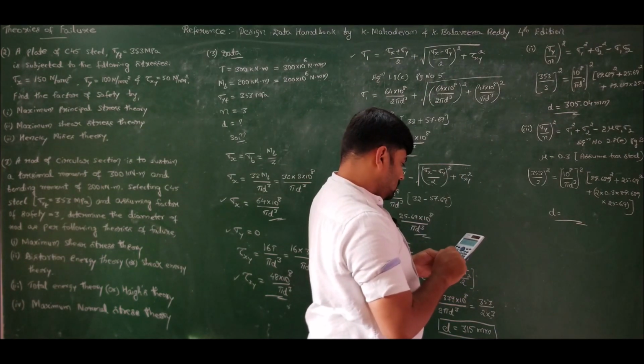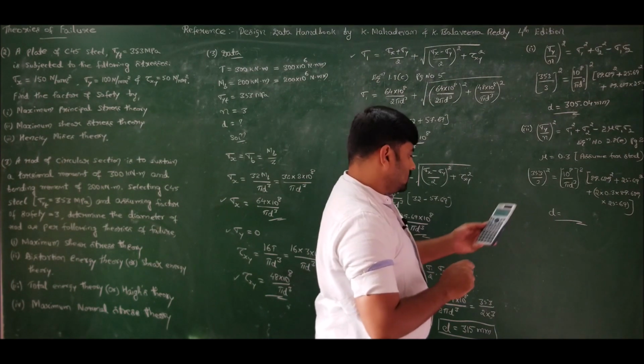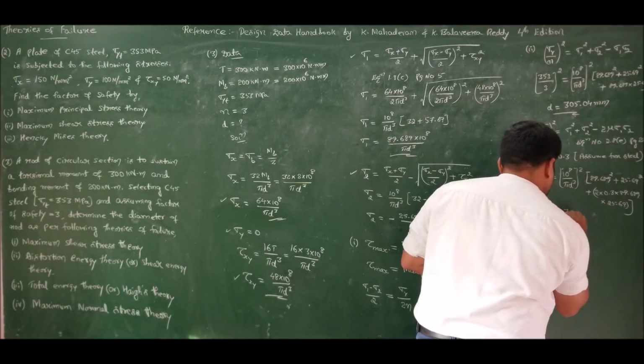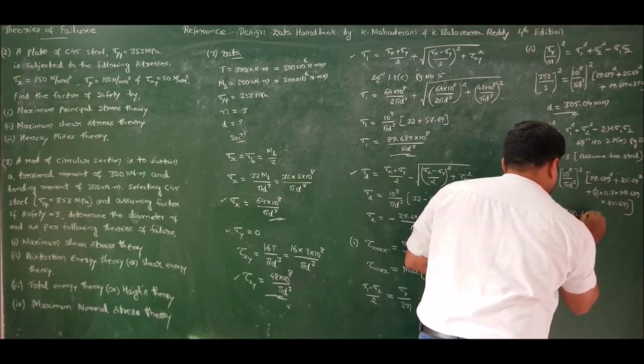So the sixth root of this will be 300.62 mm.